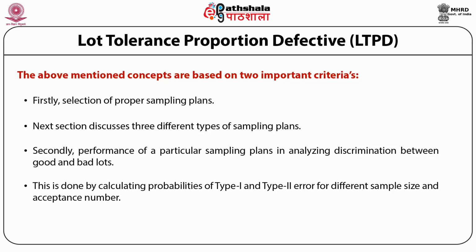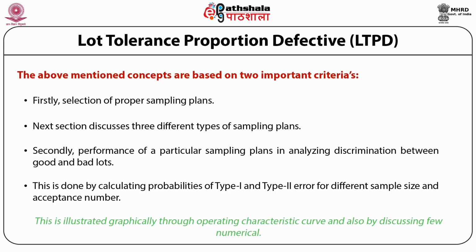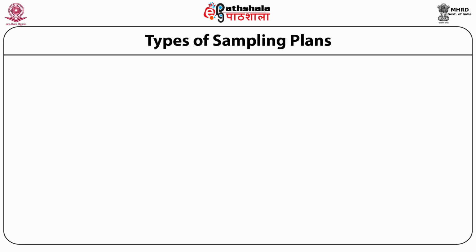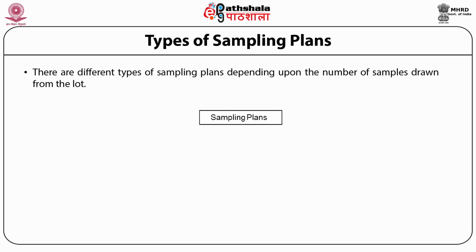This is done by calculating probabilities of type 1 and type 2 error for different sample sizes and acceptance numbers. This is illustrated graphically through the operating characteristics curve and also by discussing a few numerical examples.